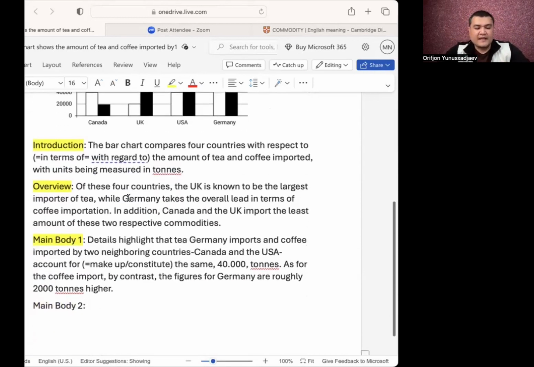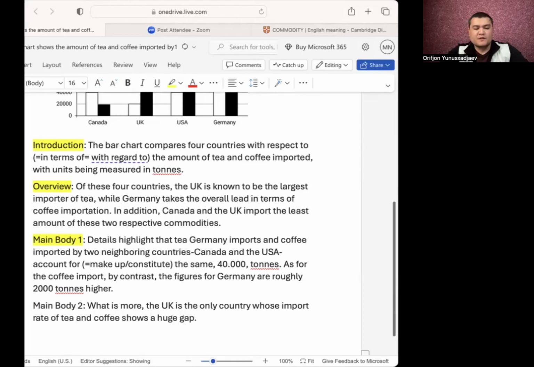And how do I add the linking word? Again, I have thousands of different options. The simple one is "what is more". What is happening? The UK is the only country whose import rate of tea and coffee shows a huge difference, or a huge gap.